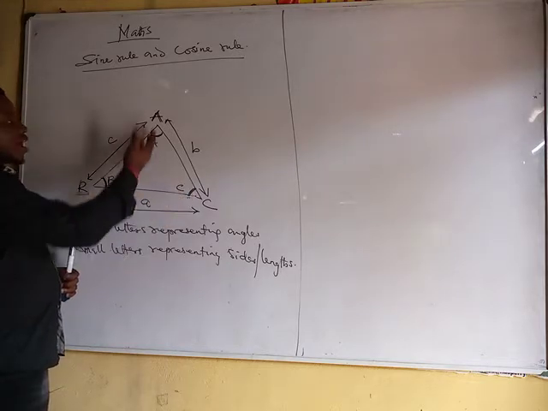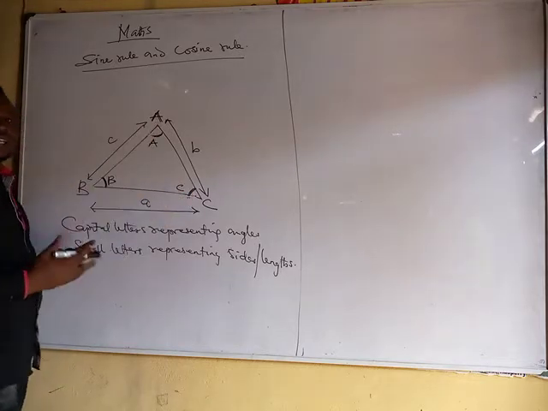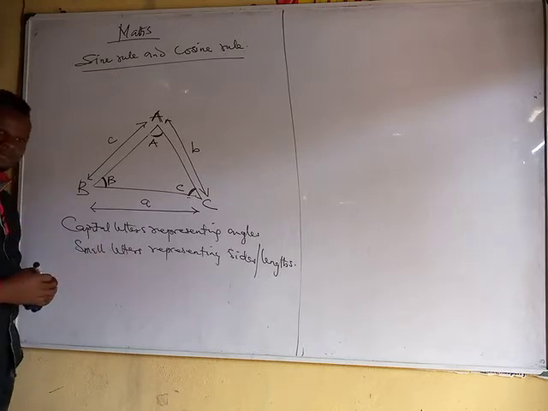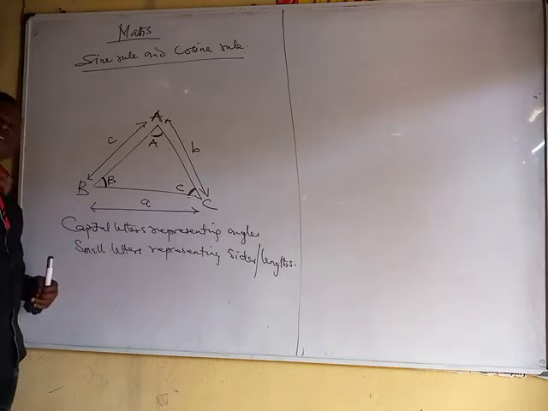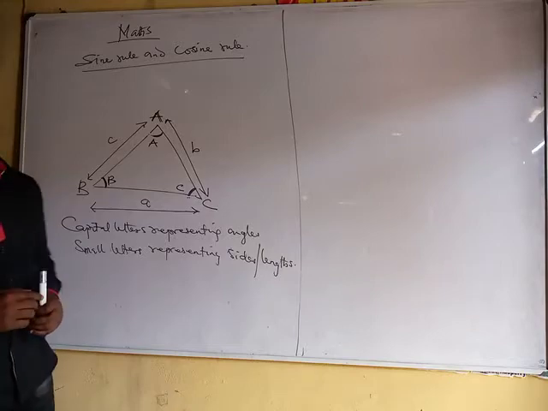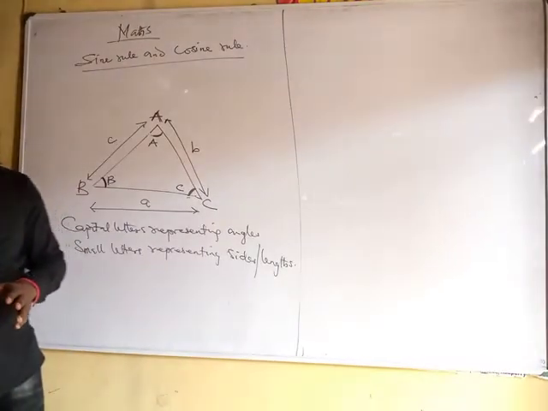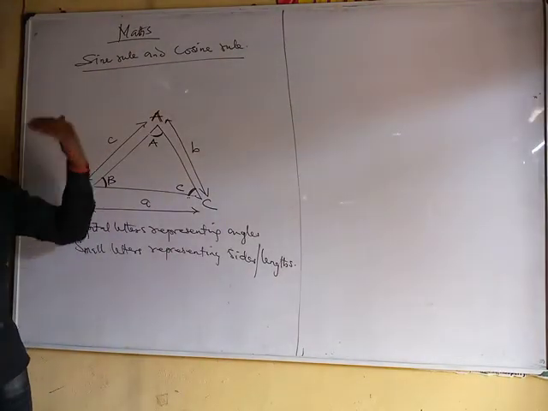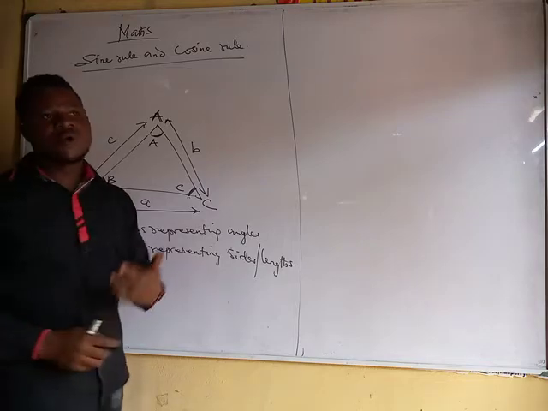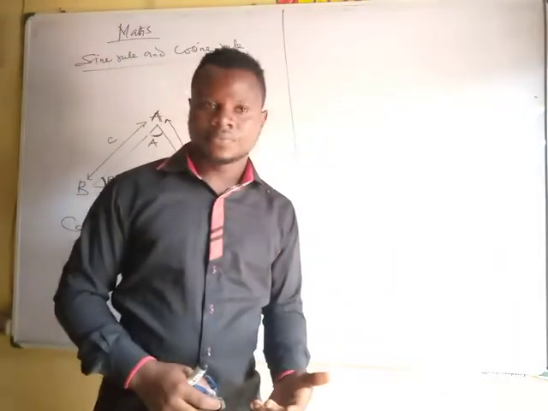Likewise, this one and this one given, we can say the dimension is complete. With this definition, we'll be able to differentiate when we are using the sine rule and when we are using the cosine rule.